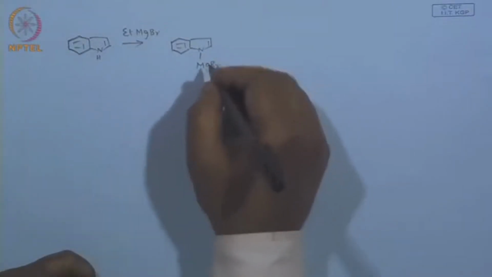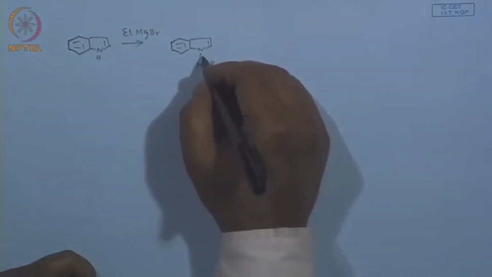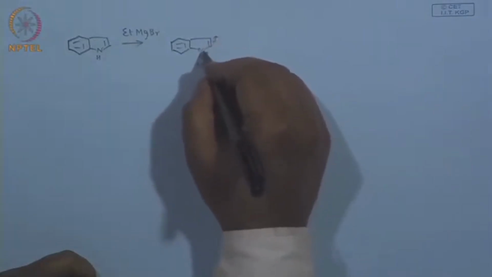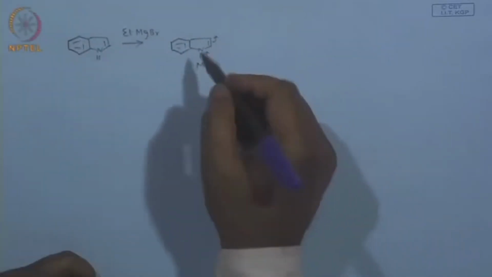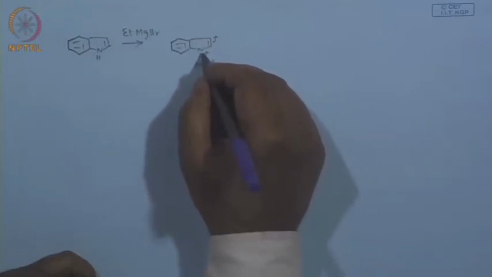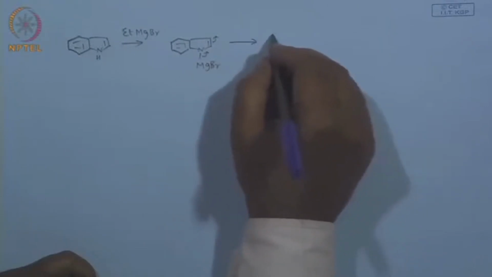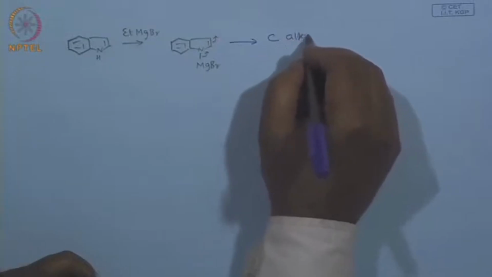So, you now have pyrrole magnesium bromide and indole magnesium bromide. And all of us know that due to resonance, indole reactions take place at the C3 position, and there is also a possibility that reactions can take place at nitrogen. That means there are two possibilities.